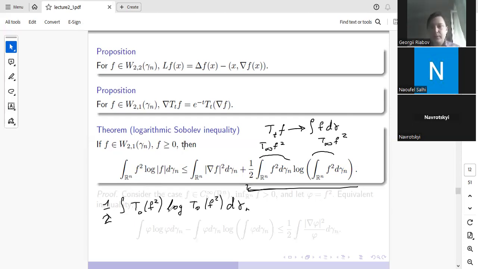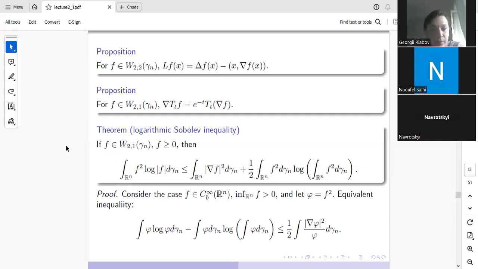Then we can write it as the integral of the derivative in t from 0 to infinity, and use the properties of the Ornstein-Uhlenbeck semigroup. By usual approximation arguments, it is enough to consider the case when the function is infinitely differentiable, bounded with all derivatives, and separated from 0.